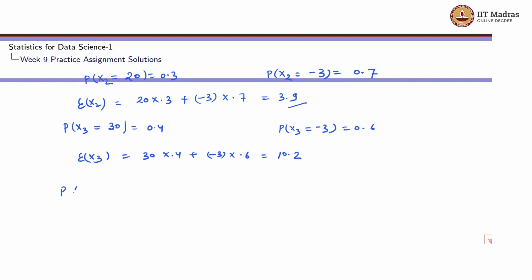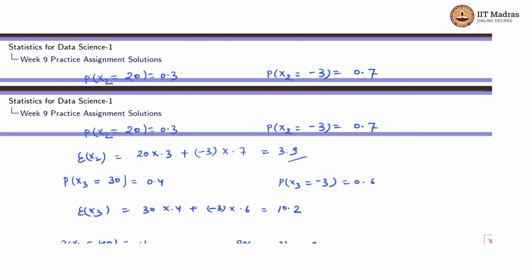Again, for startup 4, for making a profit of 40 lakh with probability 0.1, it will make a loss with probability 0.9. In this case, the expectation will be 40 into 0.1 minus 3 into 0.9, and this is nothing but 1.3.